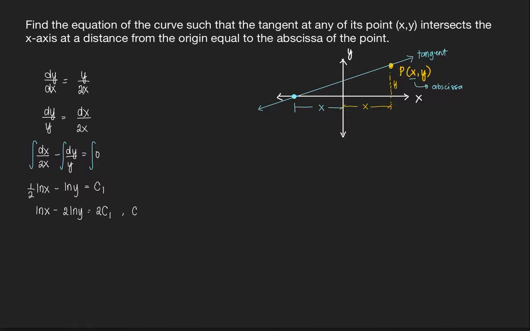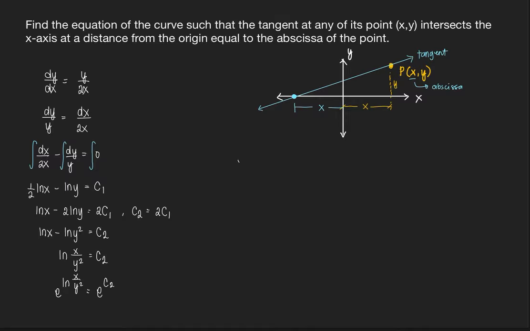If we let c sub 2 be equal to twice of c sub 1, then simplifying, ln of x minus ln of y squared equals c sub 2. By applying laws of logarithm, ln of x over y squared equals c sub 2. So e to the power of ln of x over y squared equals e to the power of c sub 2.